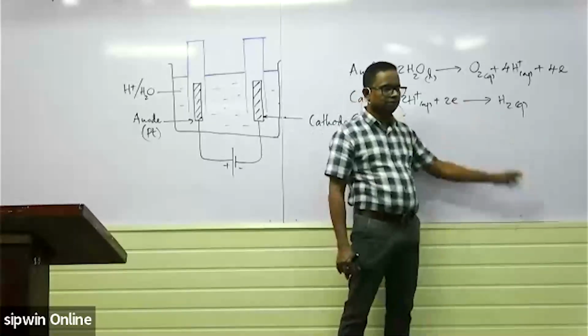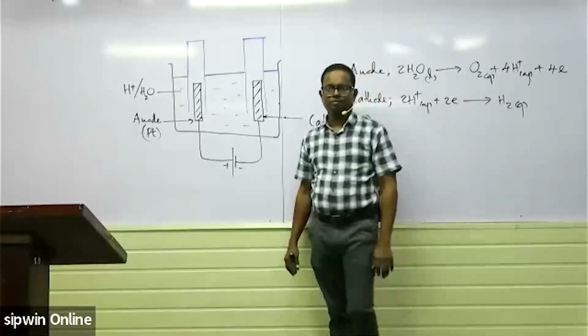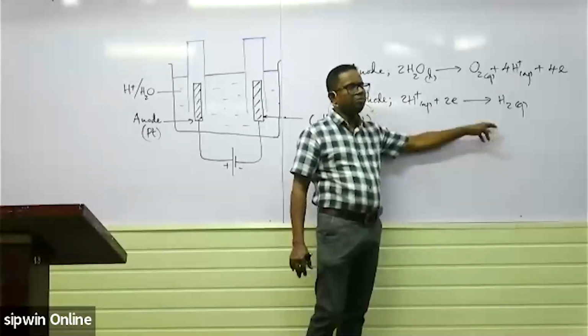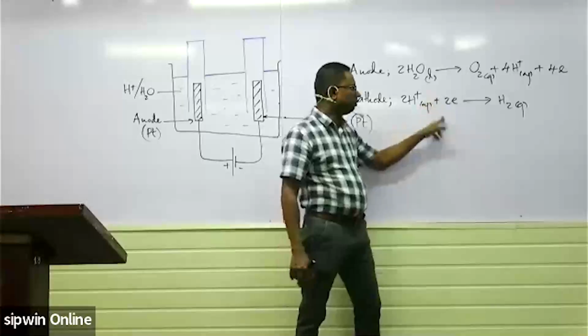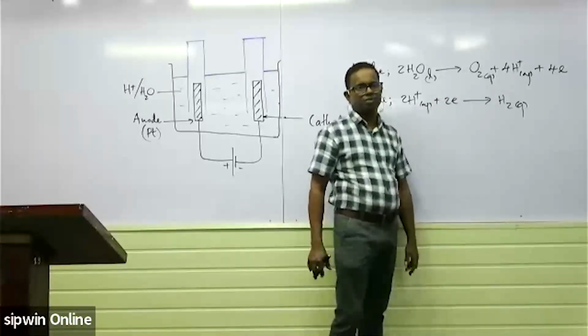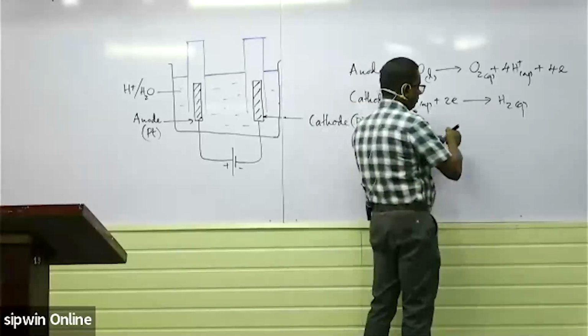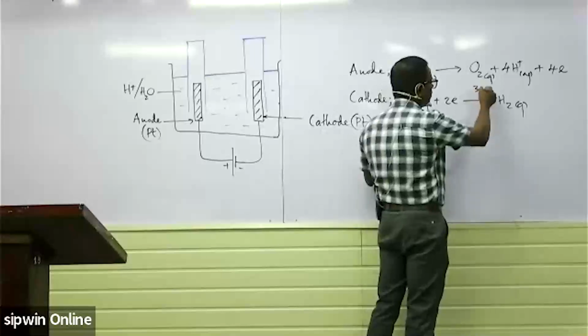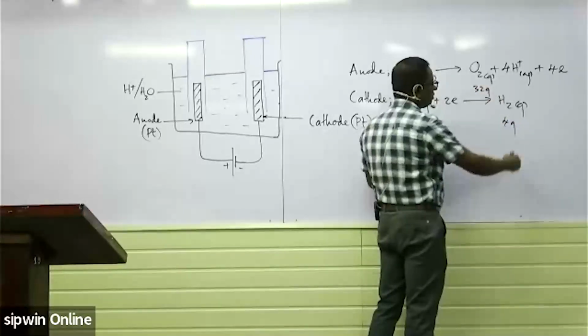Mean 4 grams of hydrogen. 2 moles give 1 mole of hydrogen mean 2 grams. 4 grams. මෙන්න මෙයාගෙන් grams 32යි. 32 grams and 4 grams.